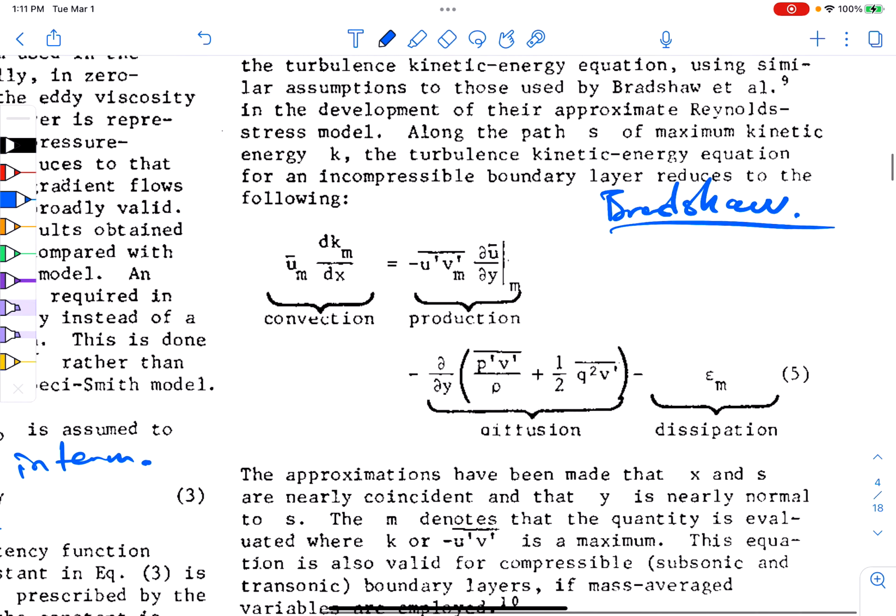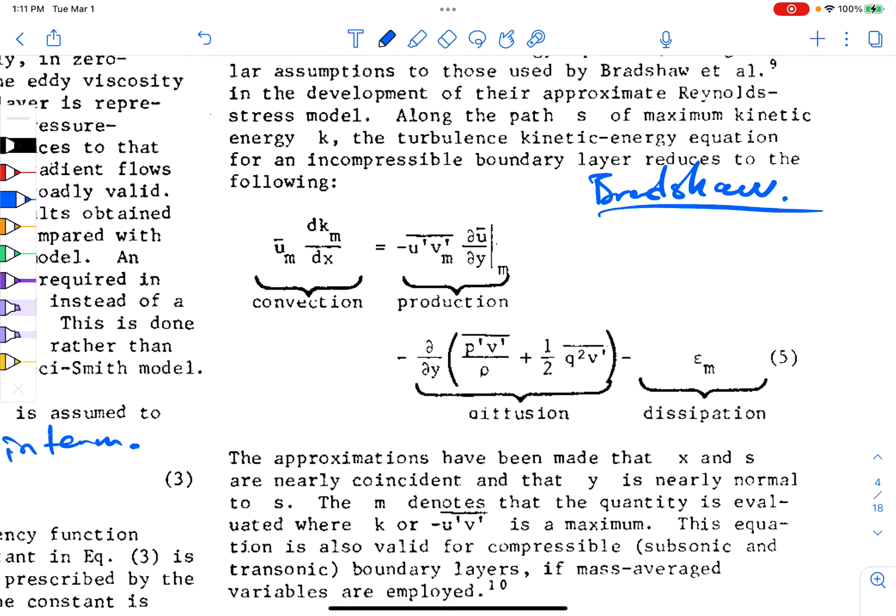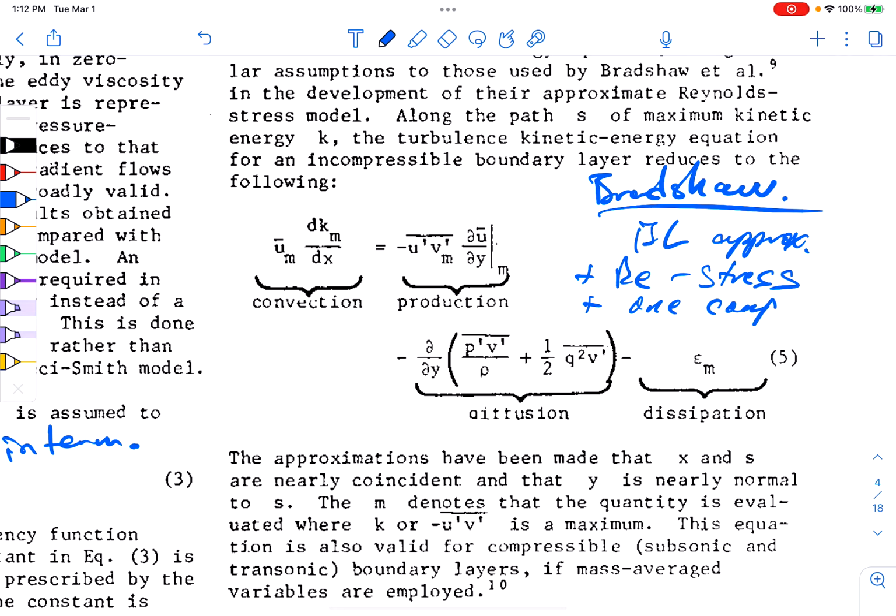And if you take your Reynolds stress equation and you write it for one component, the U prime V prime component, and you say it's only valid along a line, and you apply the boundary layer approximations, plus one component, you get this wonderful transport equation.